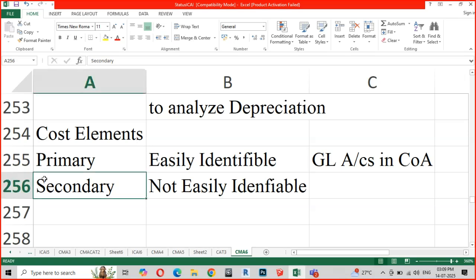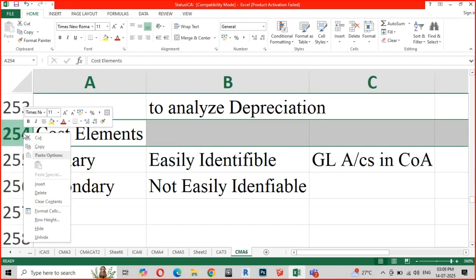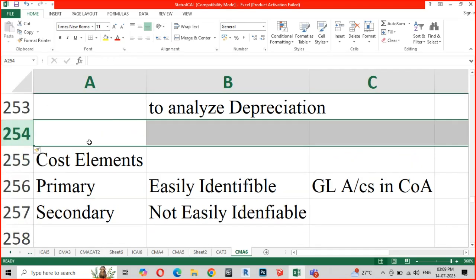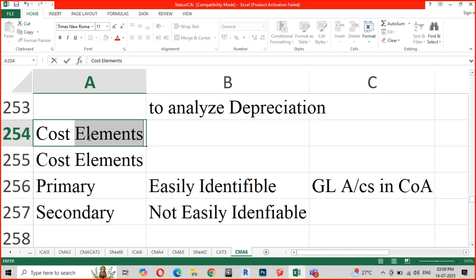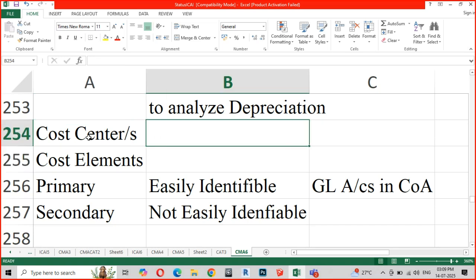So let me also put in this even before I put in the cost elements. What are cost centers?